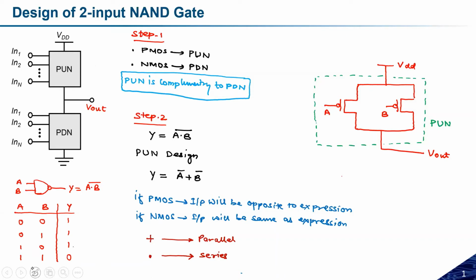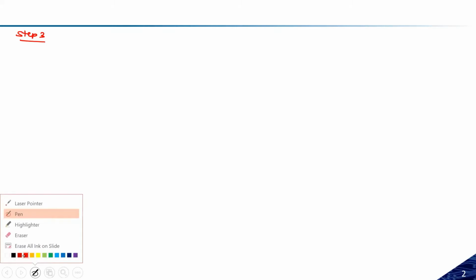So step number 3 is pull down design, the PDN design. It is not necessary to design both blocks. If you have designed either the pull-up or the pull-down network, you can make the complement for the other one.